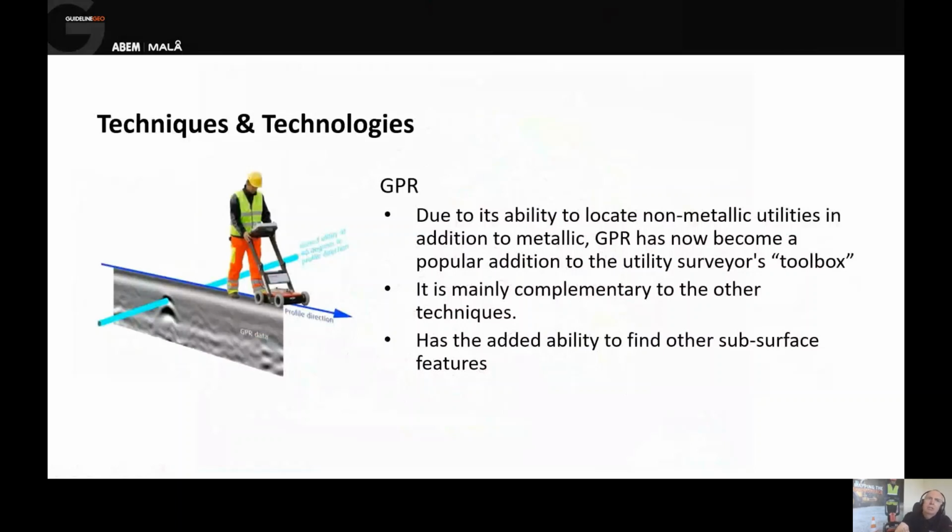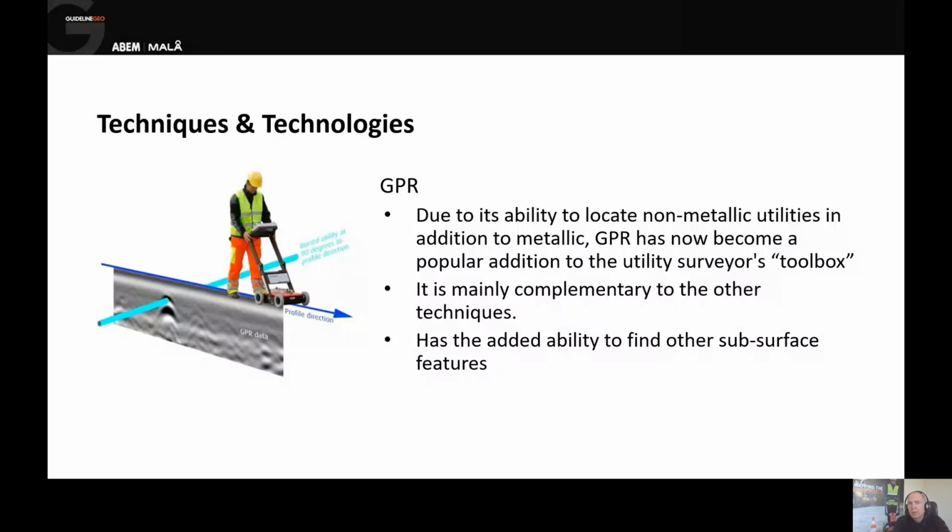And GPR, generally speaking, will locate the metallics, but generally we're going to use it to locate the non-metallic. So we can use it to confirm what the EM's located, and hopefully then we can use it to complement the EM locator and pick out the things that it had problems locating.